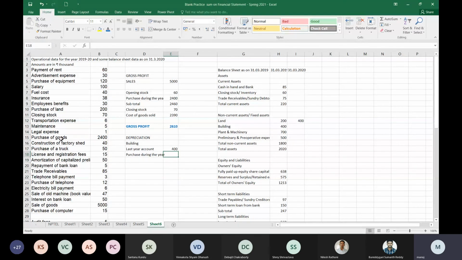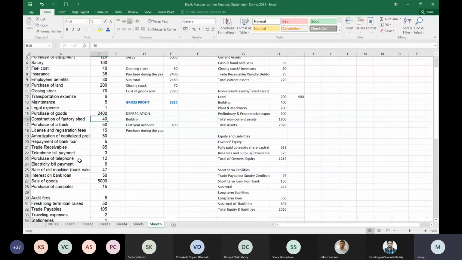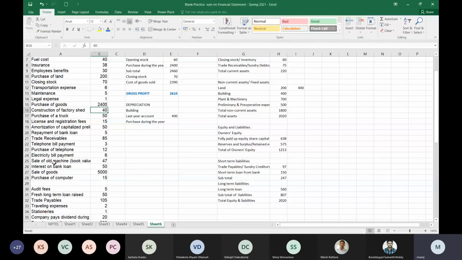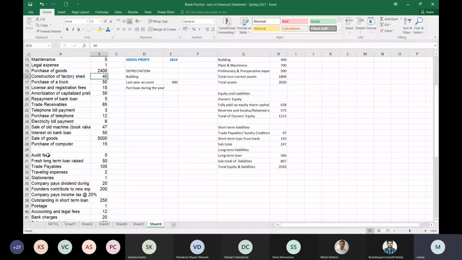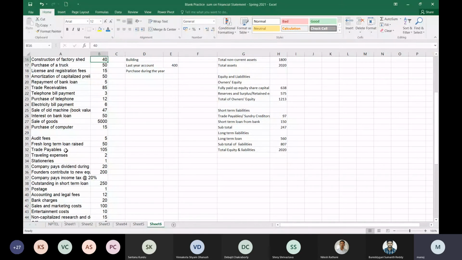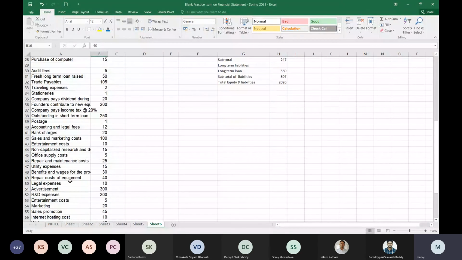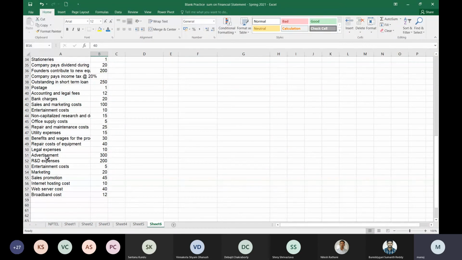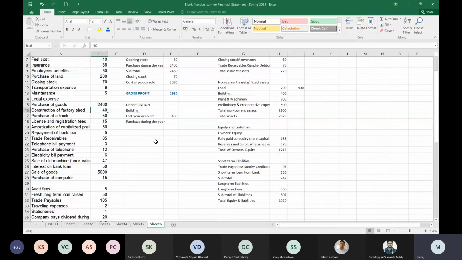Construction of factory shed, so it is there. Let us see if there is anything else. Sale of old machine, purchase of computer, audit fee, fresh long-term loan raised, repair, maintenance, utility, R&D expenses, sale, promotion. I don't see any. So purchase during the year is equal to construction of factory shed.